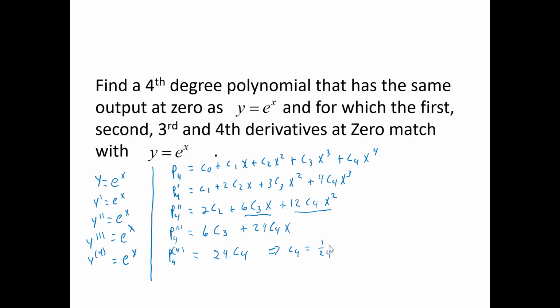And so now then your P4 is equal to 1 plus x squared over 2 plus x cubed over 6 plus x to the 4th over 24.